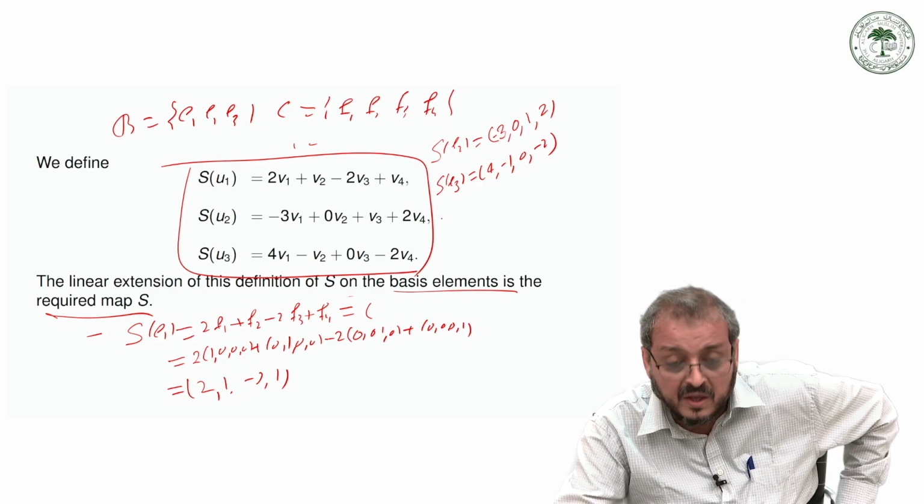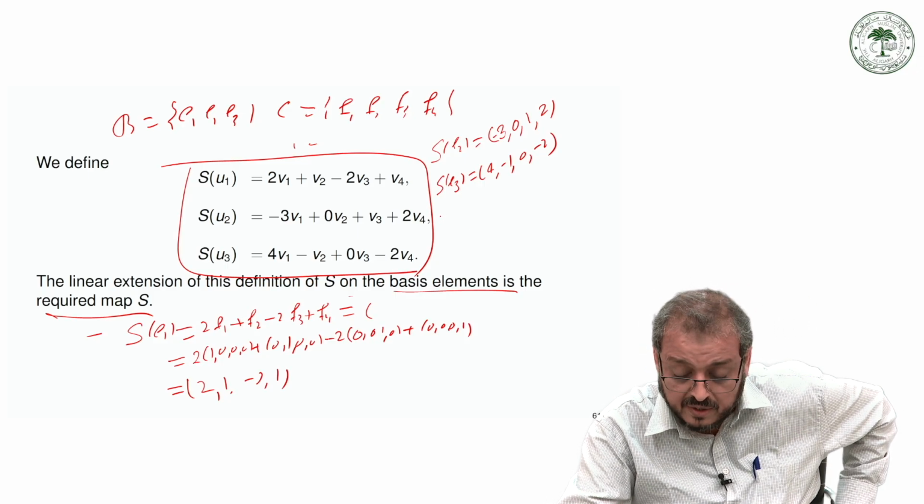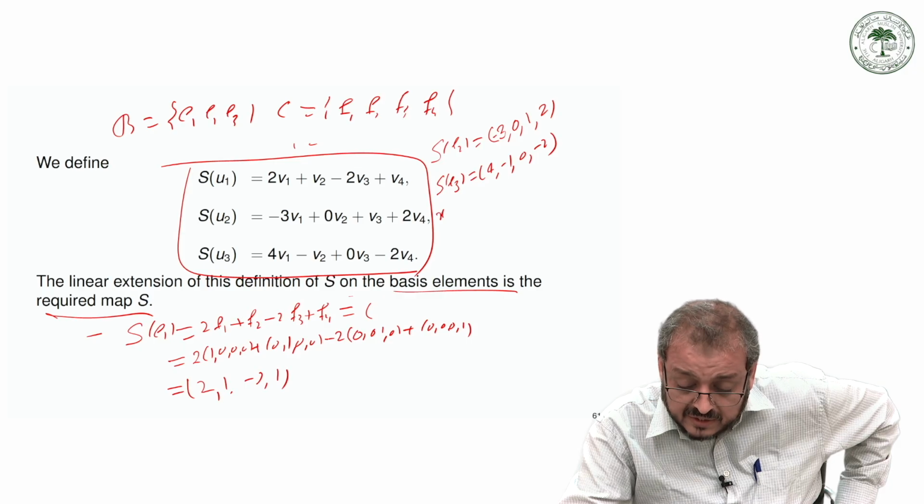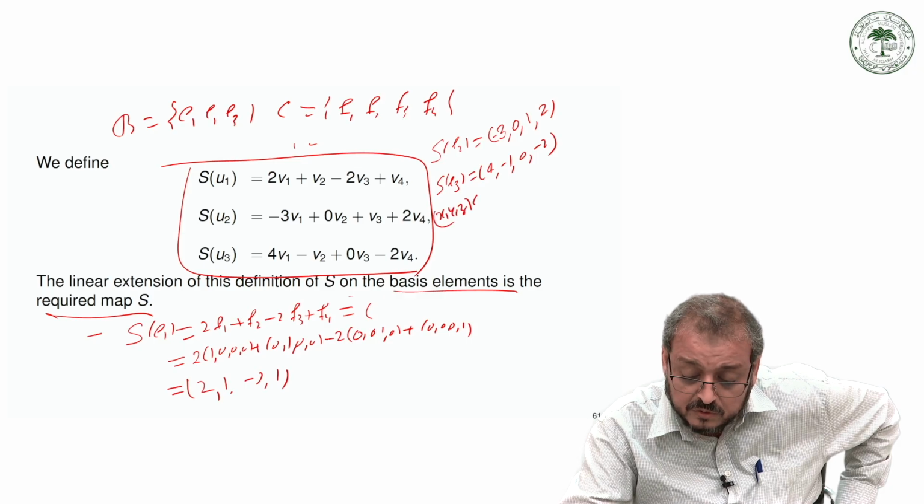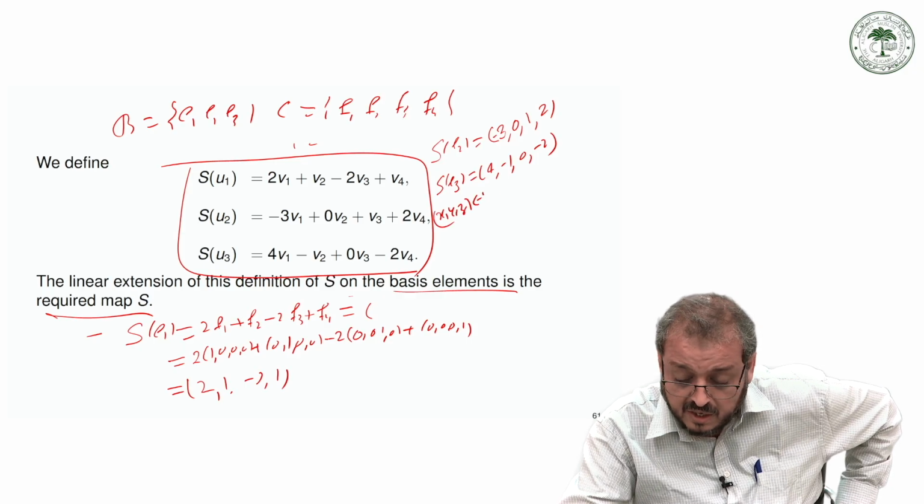Now we take an arbitrary vector, suppose (x, y, z) belongs to V3 or R3.